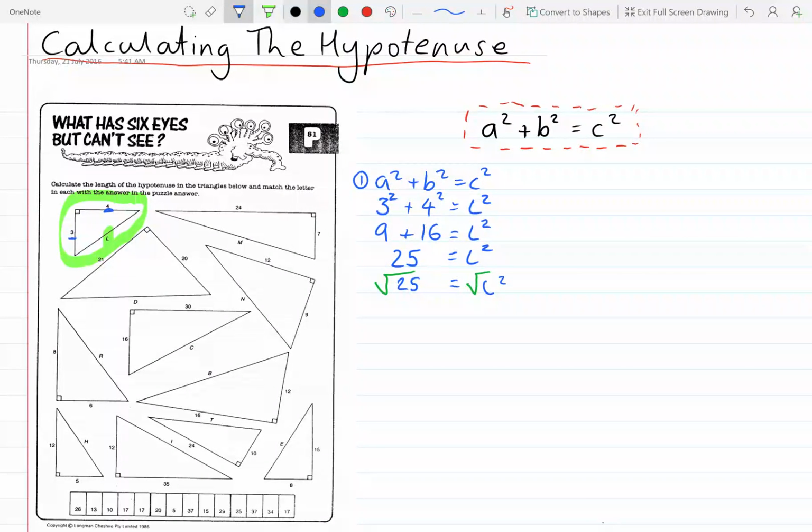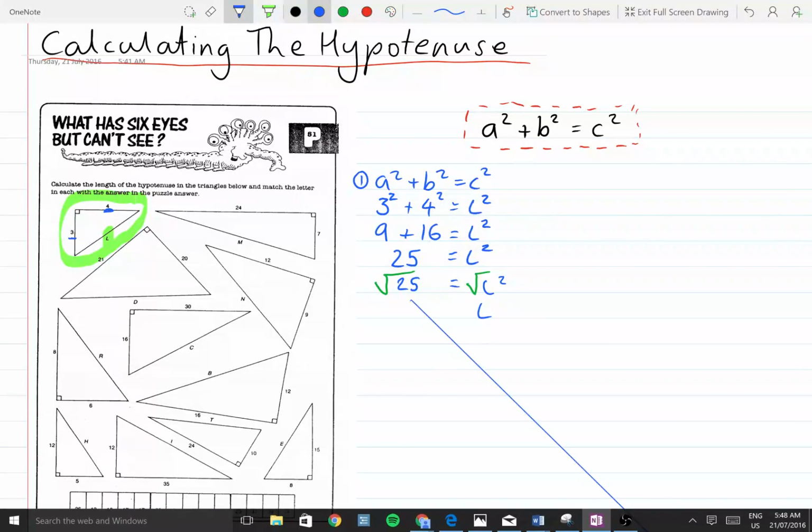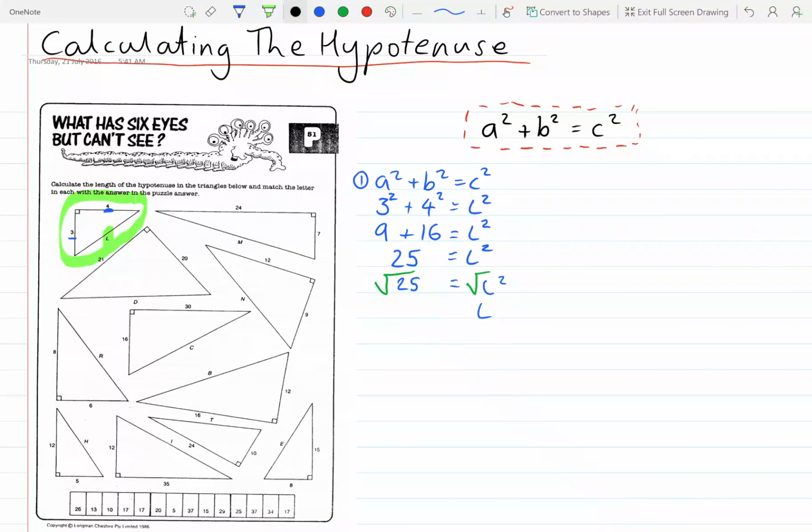The square and square root cancel, so we're just left with L in the next line. And of course we've got to square root 25. We've got to ask our calculator what times itself makes 25, and we get the answer 5. Okay, because 5 times 5 makes 25.